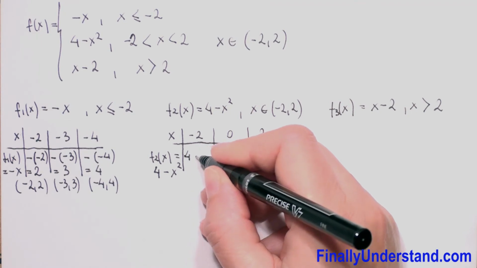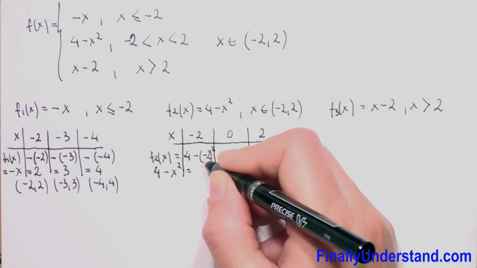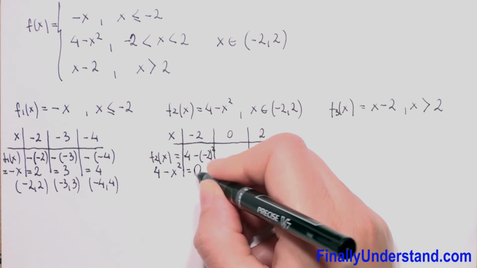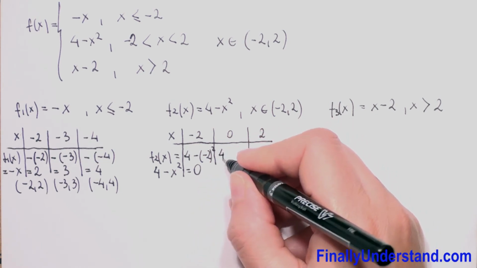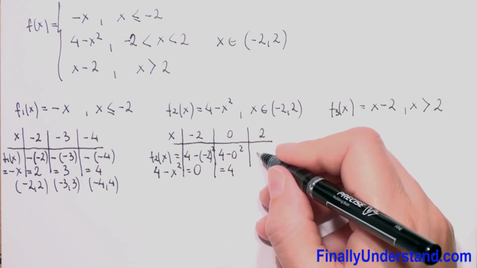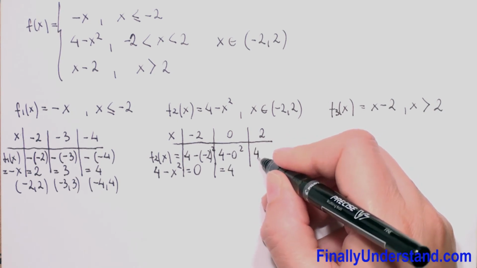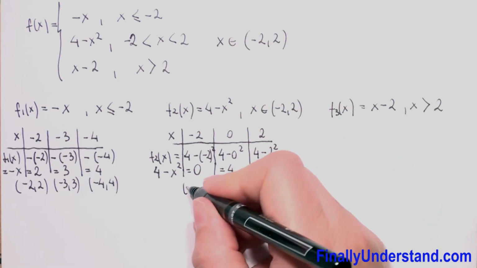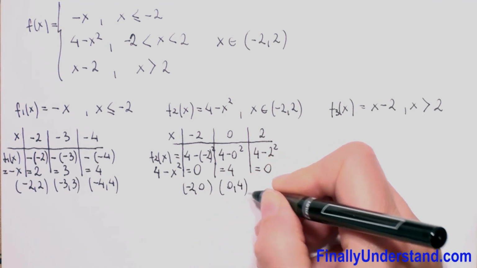It will be 4 minus -2 to the second power. -2 to the second power is 4, and 4 minus 4 is 0. Now replace x by 0: 4 minus 0 to the second power is equal to 4. Now replace x by 2: 4 minus 2 to the second power is equal to 0. So we have 3 points: -2, 0; 0, 4; and 2, 0.